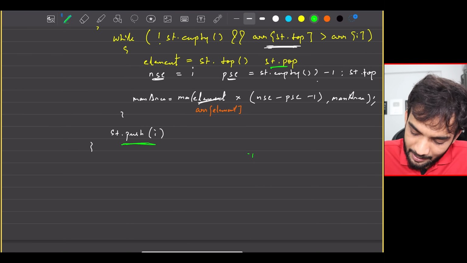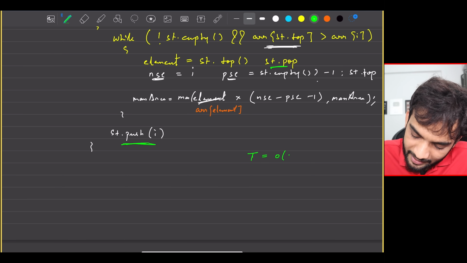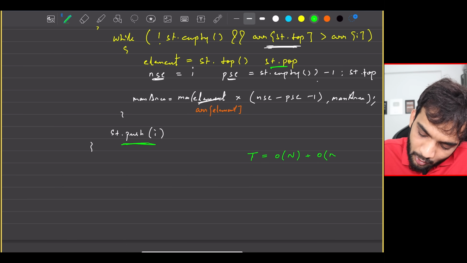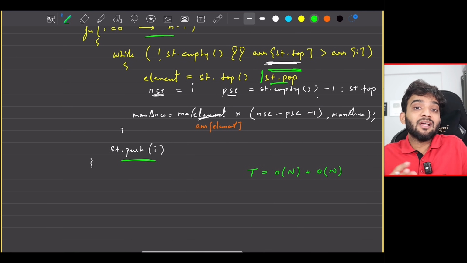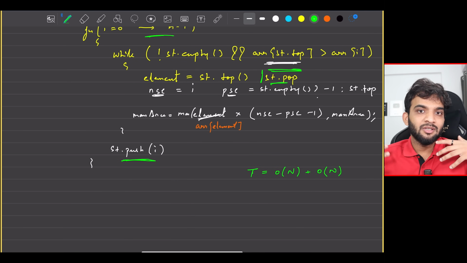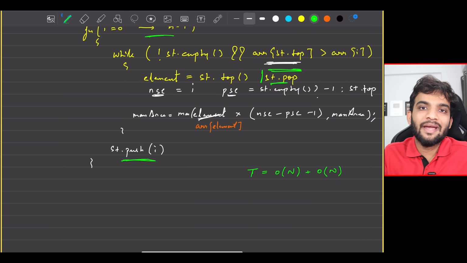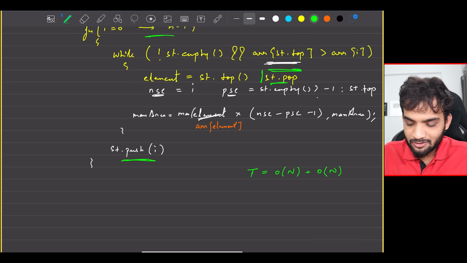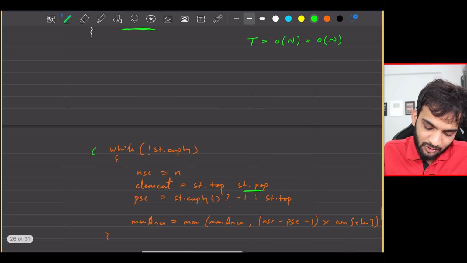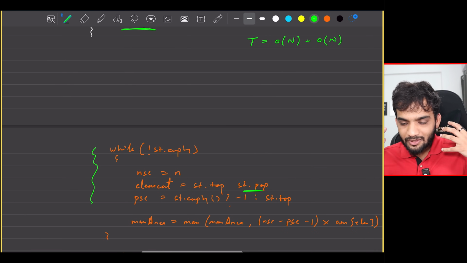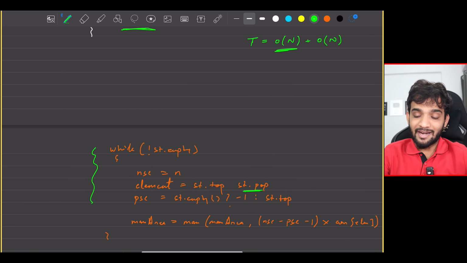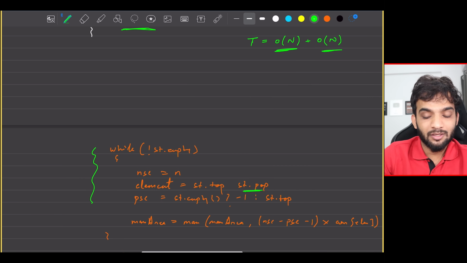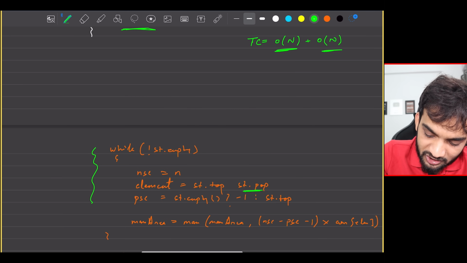So can I say that the time complexity will be big O of n for traversal and big O of n for popping out or traversing in the stack throughout the journey, because eventually the stack at max can have n elements. It cannot have an element twice inserted, correct? Even this while loop is not extra, because eventually it will be big O of n for the for loop and all the stack traversals will be big O of n. Okay, done. So this is TC.